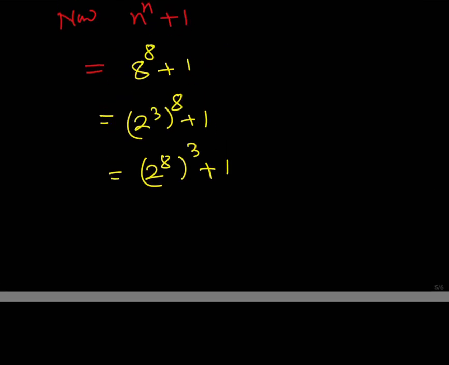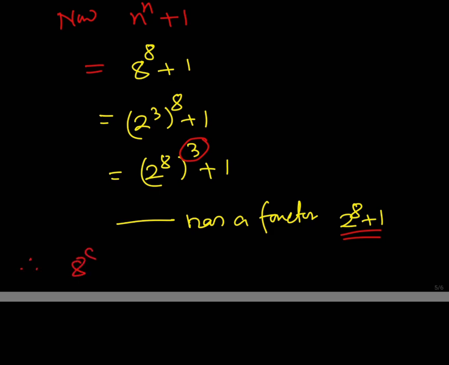This has a factor 2 to the power 8 plus 1, because we know that x to the power k plus 1 is divisible by x plus 1 when k is odd. Here 3 is odd, so it has a factor 2 to the power 8 plus 1. Therefore 8 to the power 8 plus 1 is not prime.